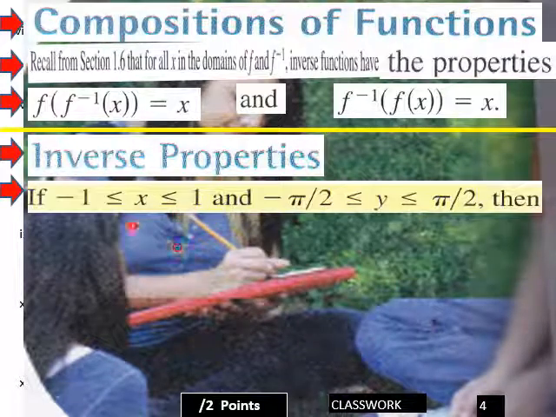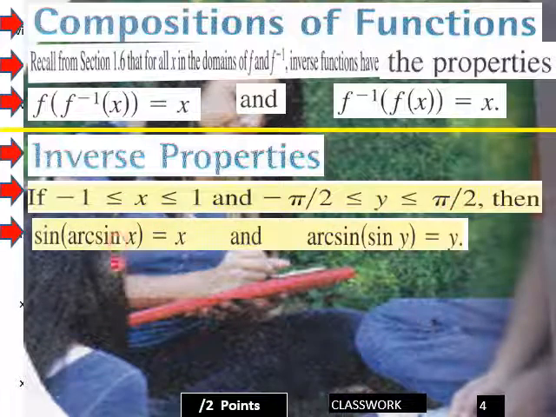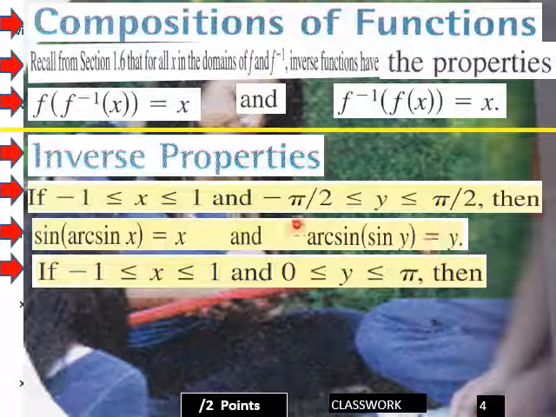Inverse properties: if negative 1 is less than or equal to x and x is less than or equal to 1, and negative pi over 2 is less than or equal to y, which is less than or equal to pi over 2, then sine of arc sine x equals x and arc sine of sine y would equal y.